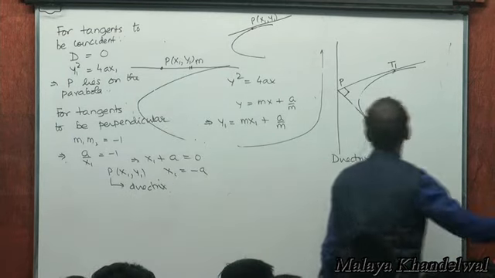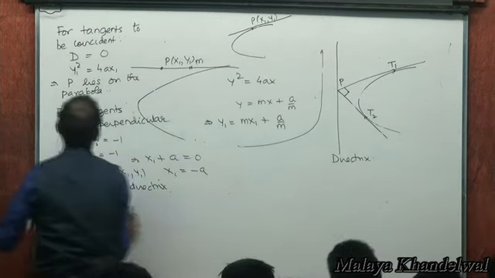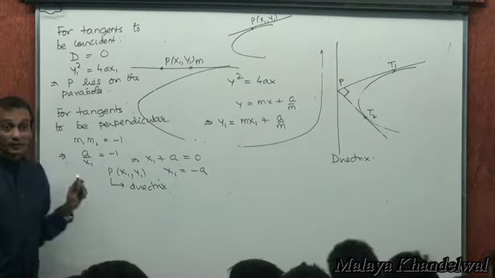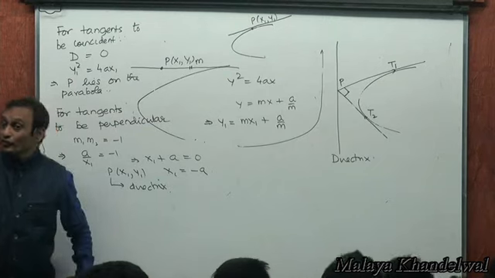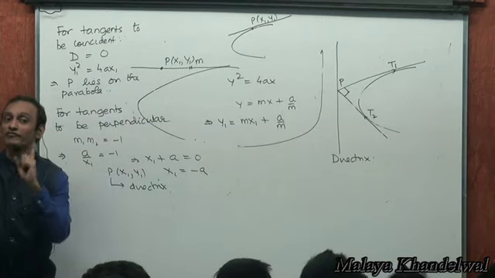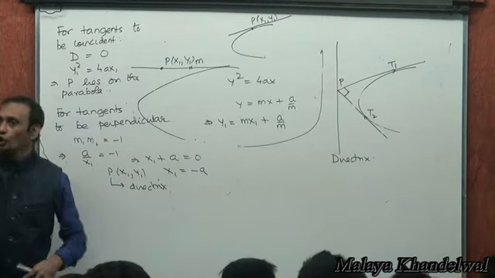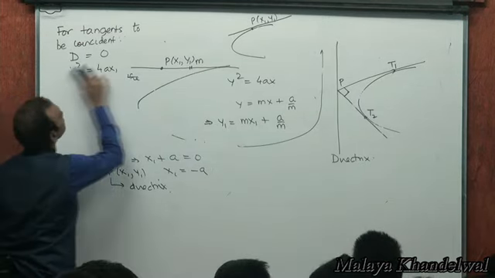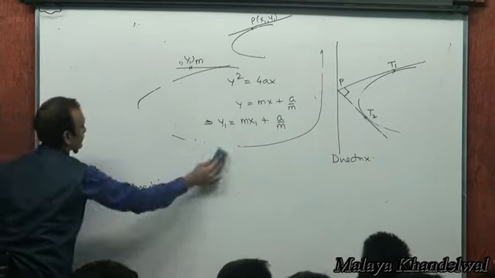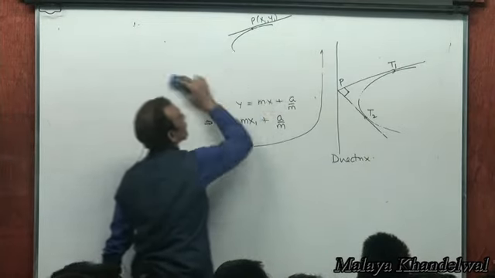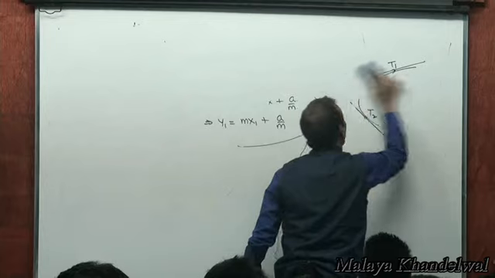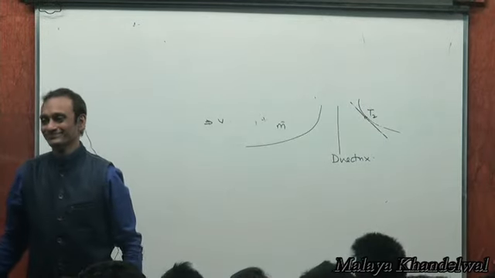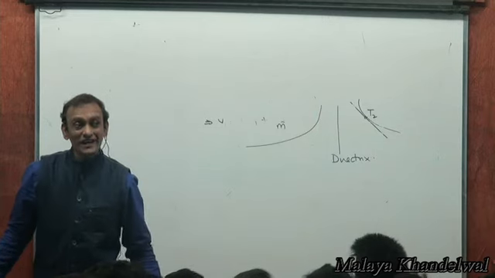Now, this is a very important property of the parabola. If you draw tangents from any point on the directrix, the two tangents have to be perpendicular to each other, or orthogonal, right? And therefore, the directrix is the director circle of the parabola. What is the director circle?